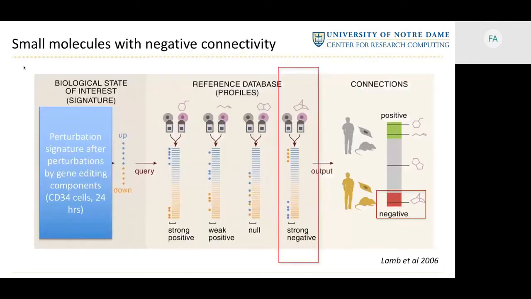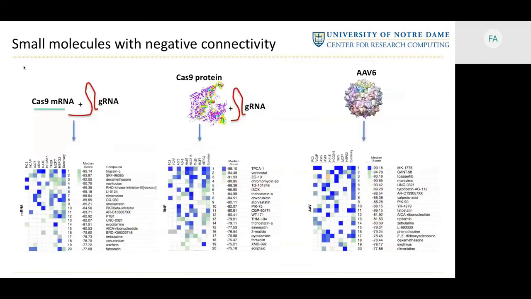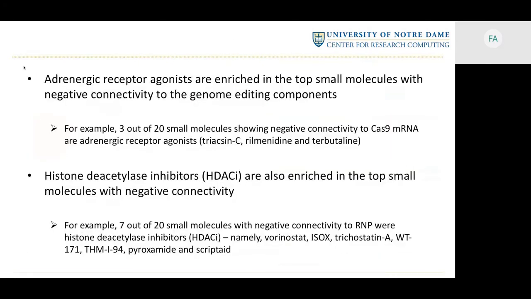We've also identified several small molecules that show perturbation signatures that are the reverse of specific small molecules. So you'll find that some small molecules will downregulate the same set of genes that are upregulated by some CRISPR-Cas9 components, and there's several of them that we've identified.